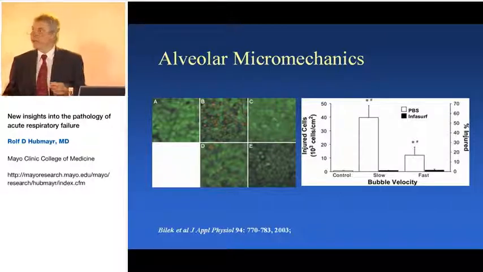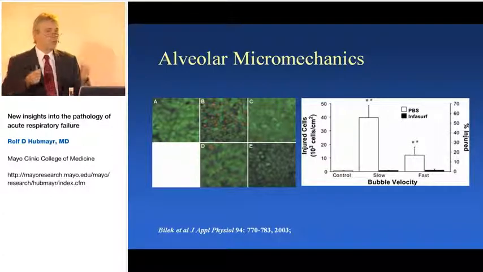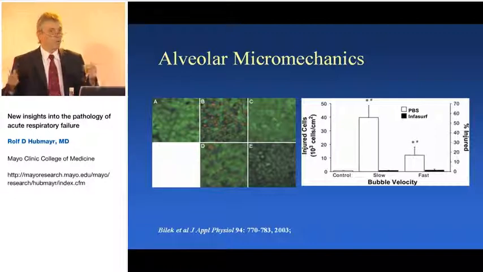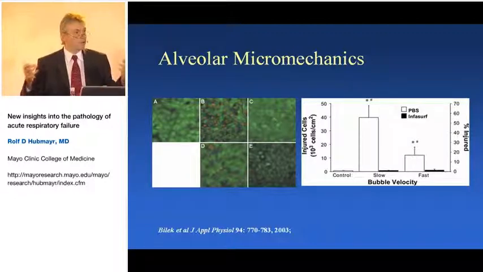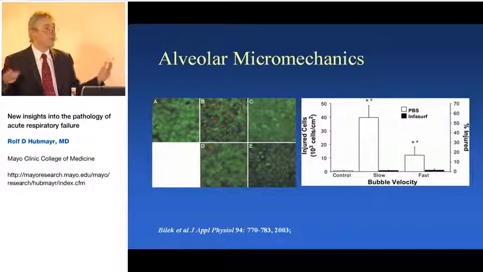So not every cell injury has to do with an extraordinary shape change. It also has to do with the apical side of the cell being exposed to abrading forces.